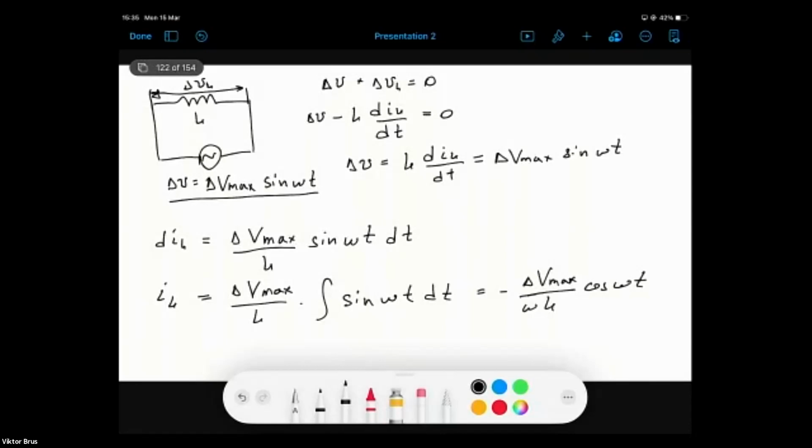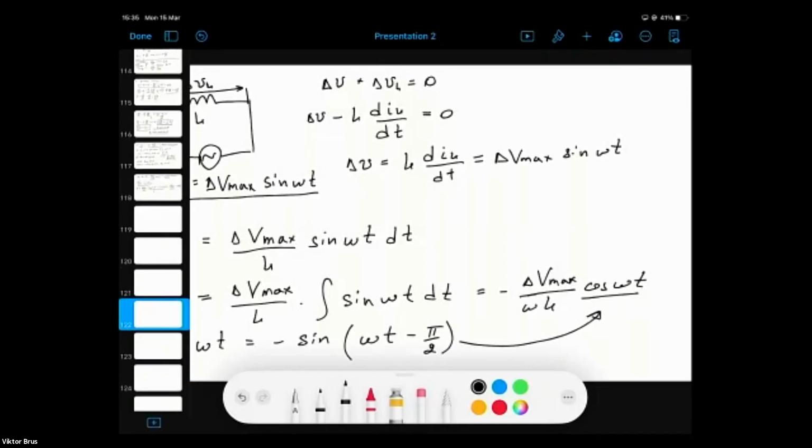So this is the expression for the instantaneous electric current, and a trigonometric identity tells us that we can substitute this cosine omega t with minus sine omega t minus pi over 2. So let us do this and substitute this sine instead of cosine. We can continue on the next slide.